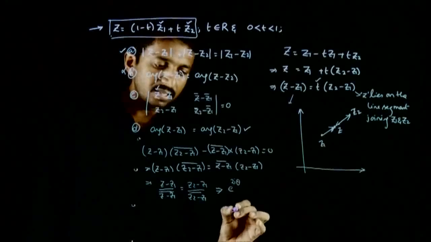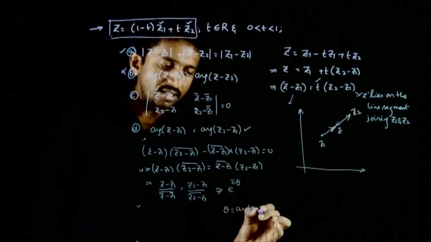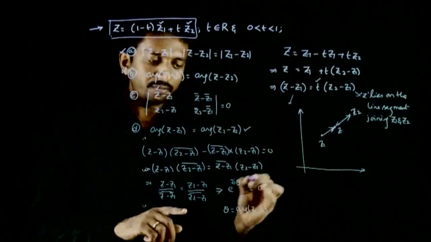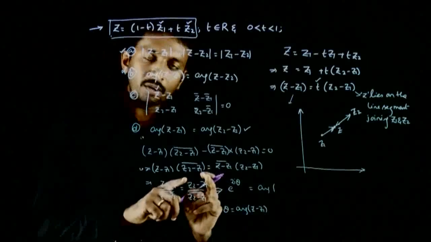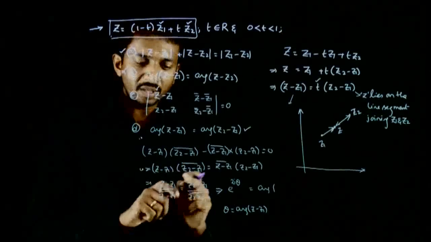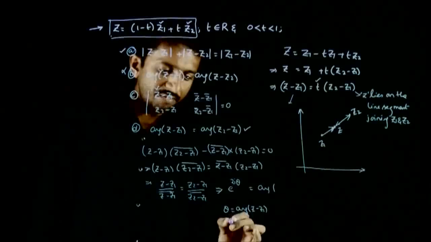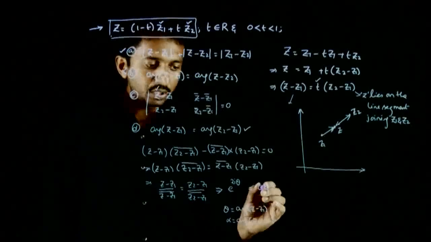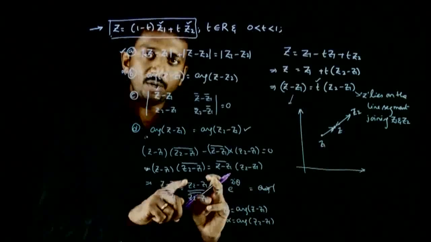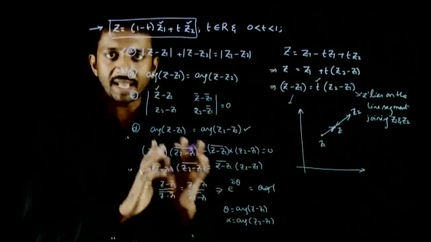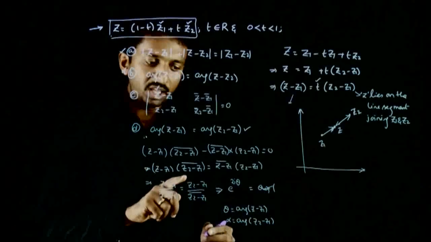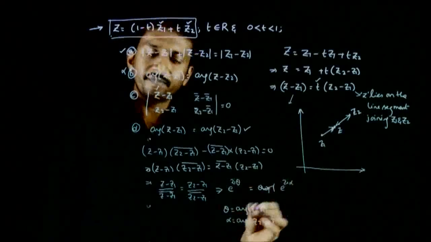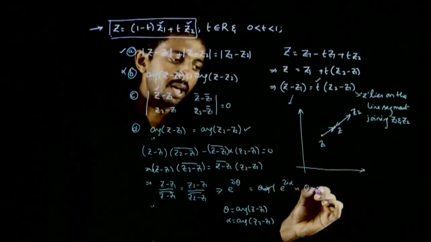Let alpha be the argument of z2 minus z1. Then for (z2 minus z1) by its bar, the mod cancels, the argument gives e to the power i alpha in the numerator and e to the power minus i alpha in the denominator, so we get e to the power 2i alpha. This implies theta is equal to alpha.